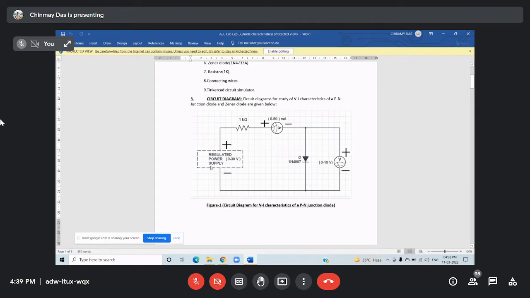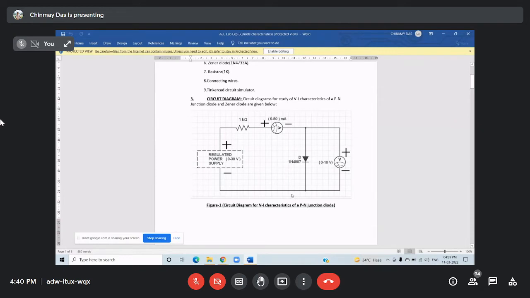Here this is a regulated power supply, the positive is connected with a series resistor. The resistor's next terminal is connected with the positive of the ammeter. The negative of the ammeter is connected with the anode of the diode. Then the cathode is connected with the negative of the power supply. At last, a voltmeter is connected in parallel with the diode, positive of the voltmeter with anode and negative with cathode.